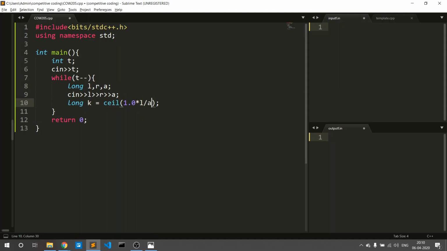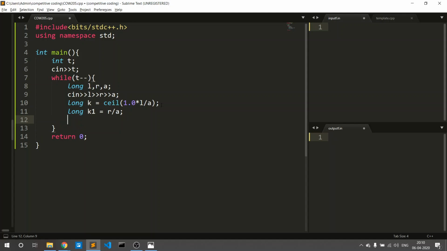To convert it to a floating point number, since the ceiling function must be provided with floating point numbers, right? And K1 will be just R by A since this is the float value.